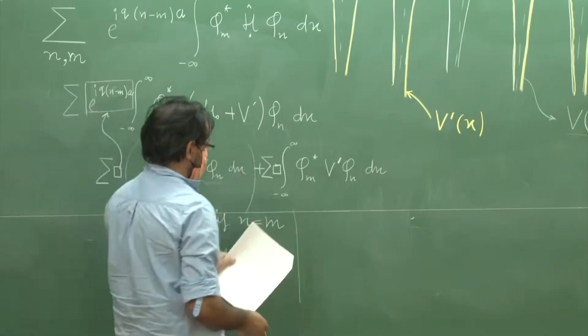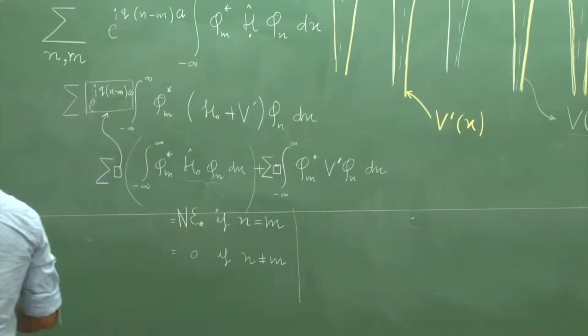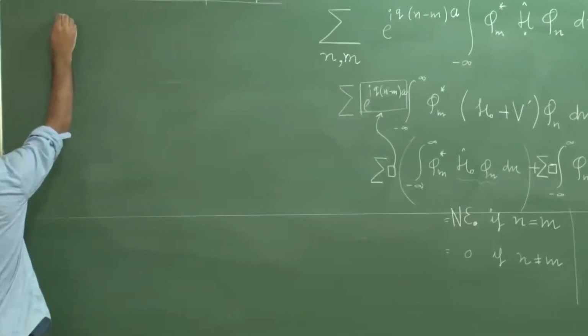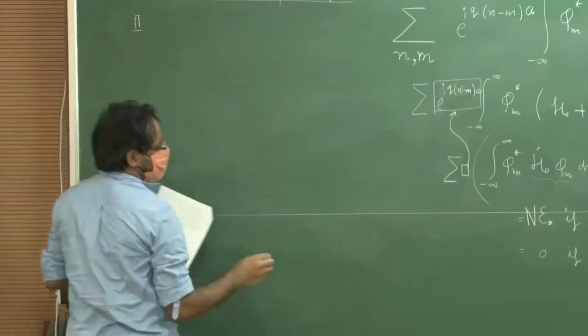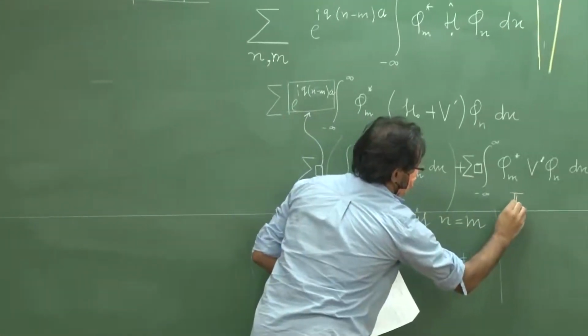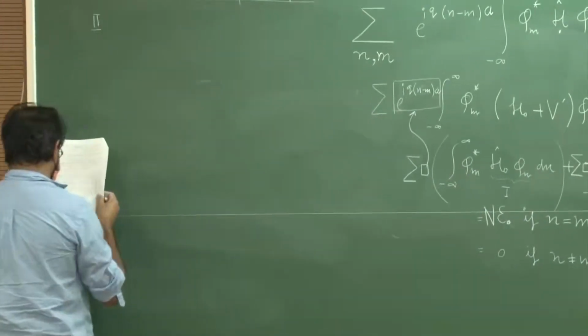And the second integral is the one which is a little bit tricky. So let's rewrite it here. This is the first piece, and here's the second piece. So let's see how to calculate the second piece.